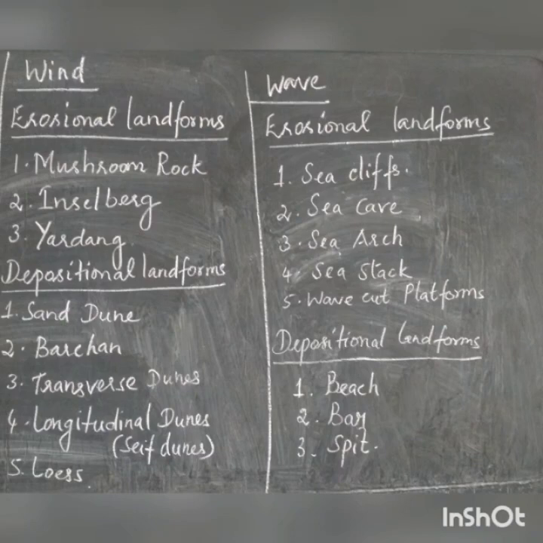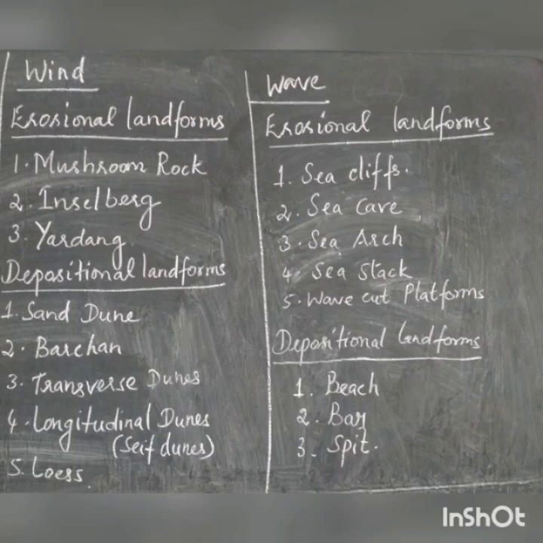Erosional landforms of waves. These are sea cliff, sea cave, arch, stack, beach, bar and spit, and wave cut platform. Sea cliffs are steep rock faces formed when sea waves dash against them.